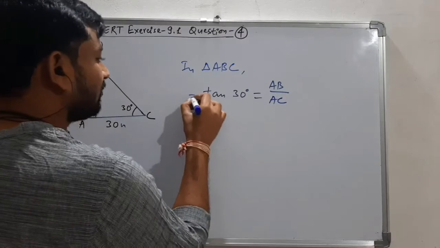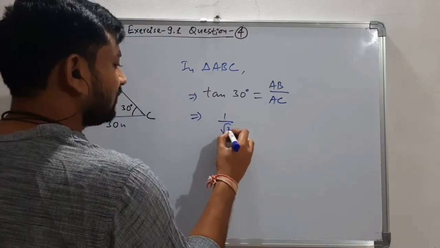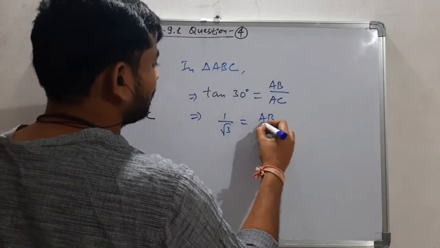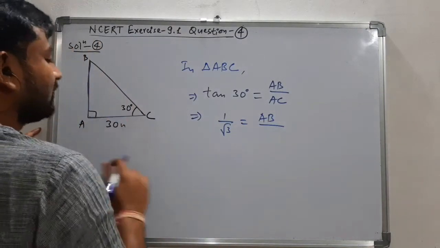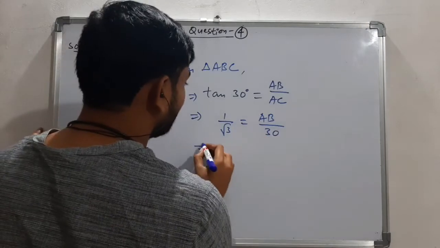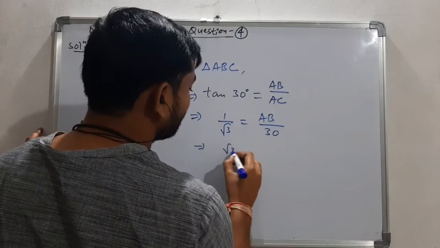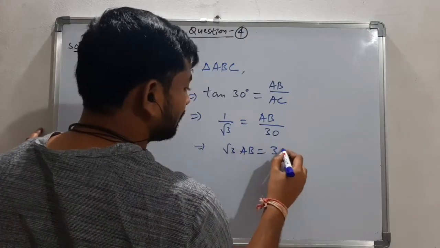So tan 30, the value of tan 30 is 1 by root 3, and the length of AB is height, so that we want to calculate, and the base here is 30. So from here the value which we are getting on cross multiplication is root 3 AB is equals to 30.